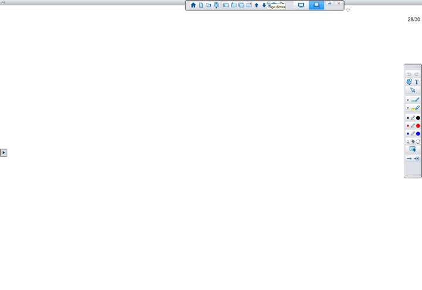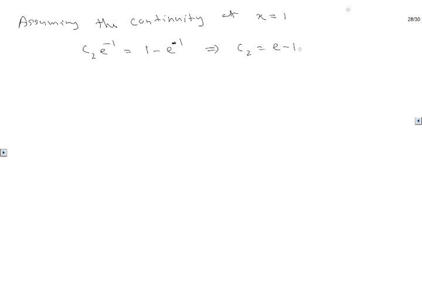Assuming continuity at x equal 1, we can say c2 e to the negative 1 equals 1 minus e to the negative 1, and then you can solve for c2. If you multiply both sides by e, you get c2 equals e minus 1.